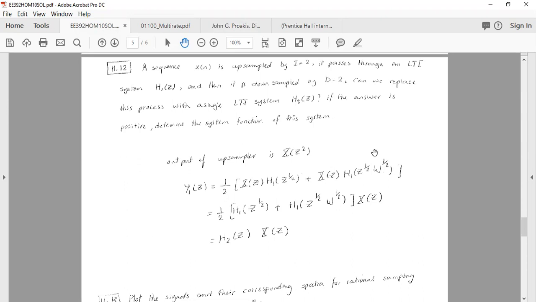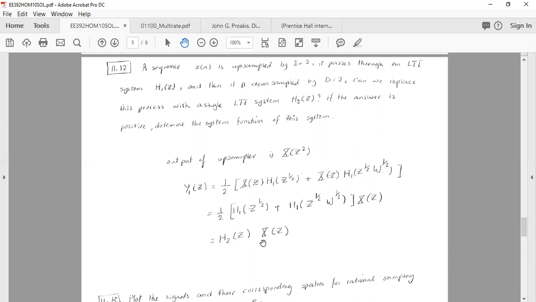This omega is basically the representation of e to the power of minus 2 pi j. Now we can factor x of z out, and we'll be left with this particular term over here.